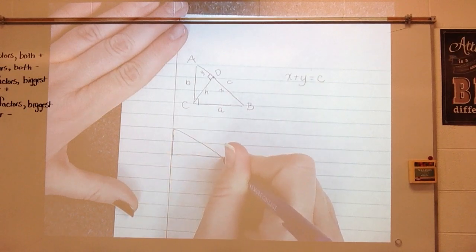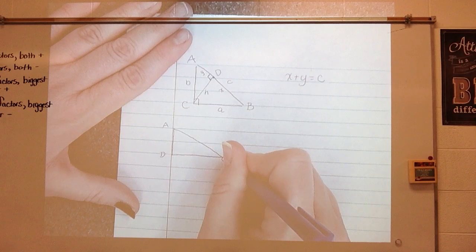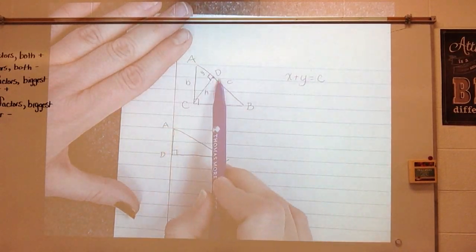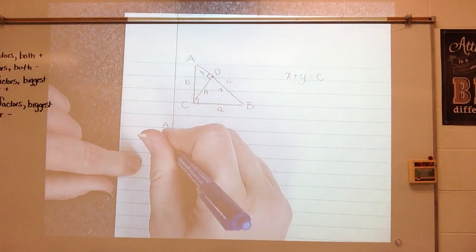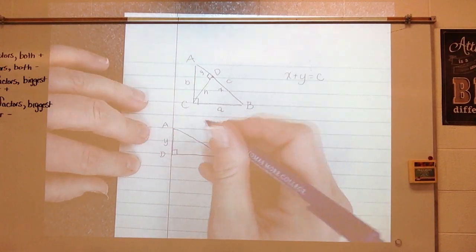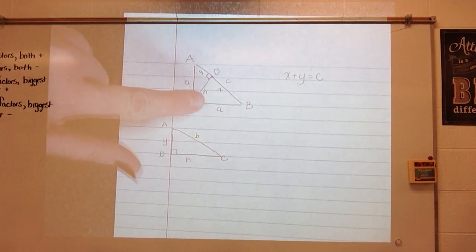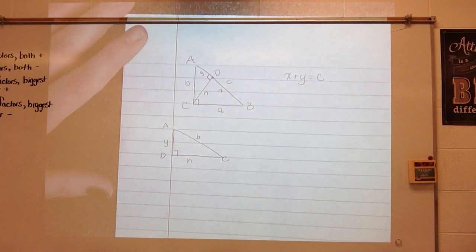So I have triangle ADC, with D being the right angle, so this is Y, this is B, and this is H. All I'm doing is taking everything from this figure and just redrawing it.